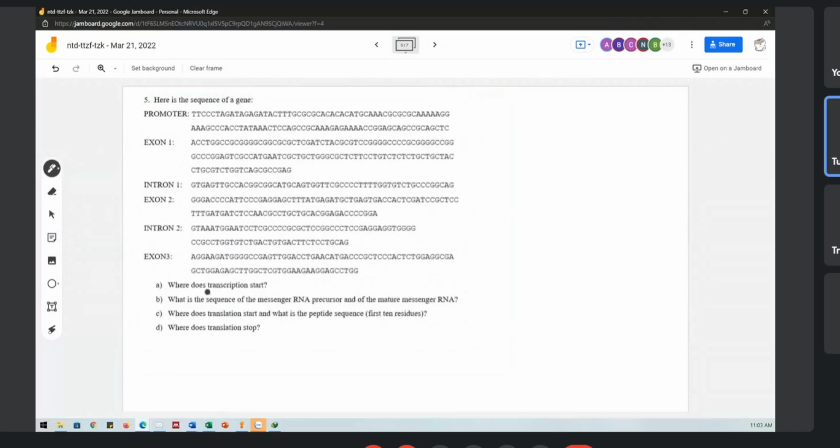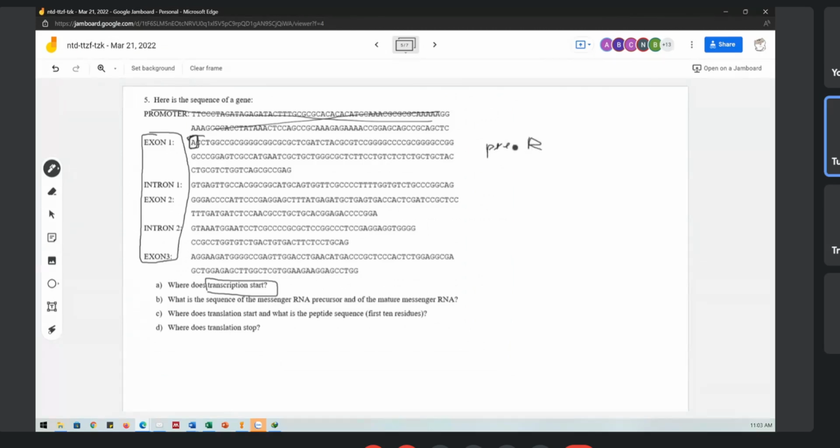So transcription start. Transcription will take into account all of the things here, except the promoter. So the promoter doesn't play a role in the transcription. So transcription starts, and we start here at this point.